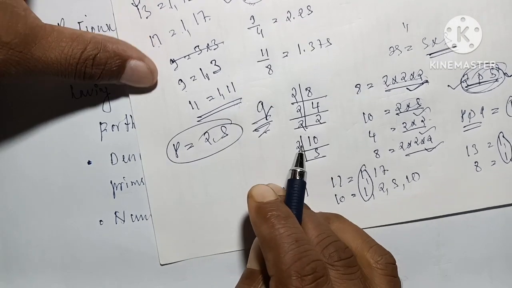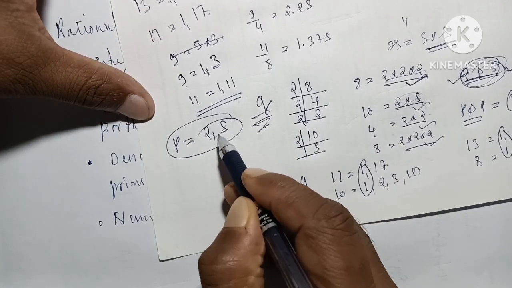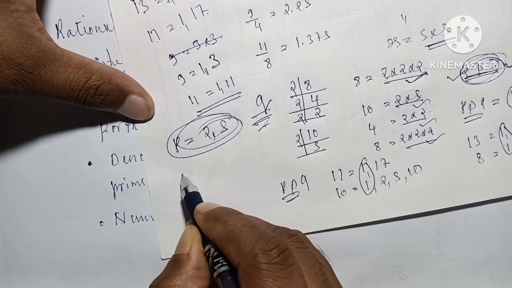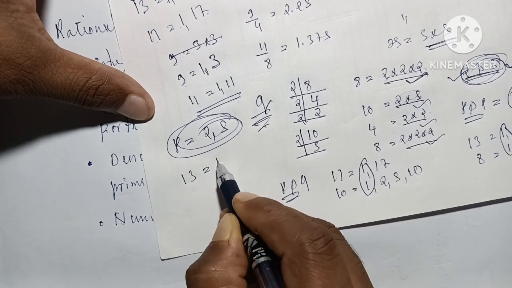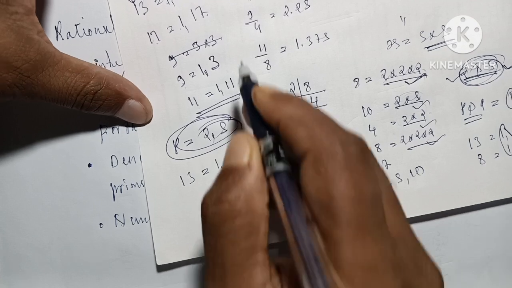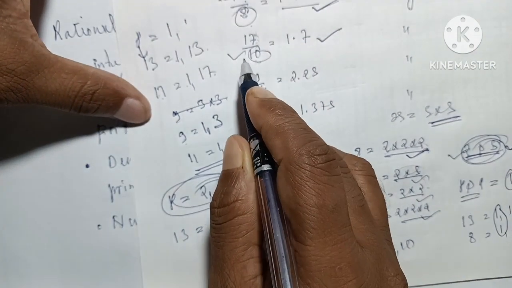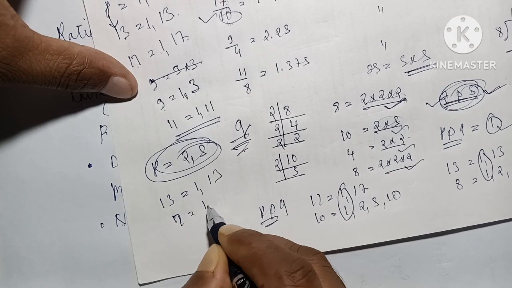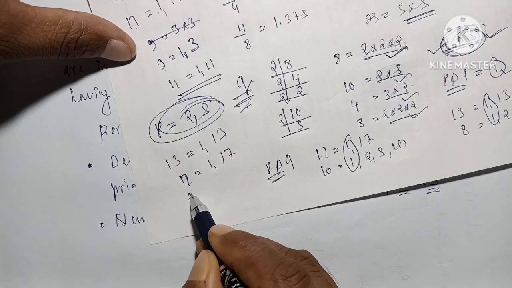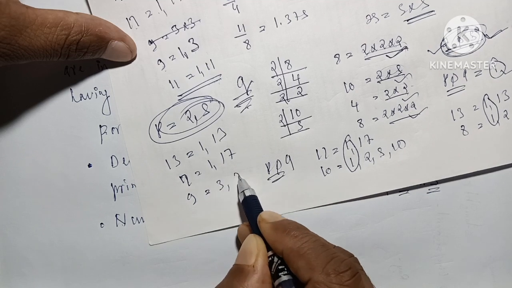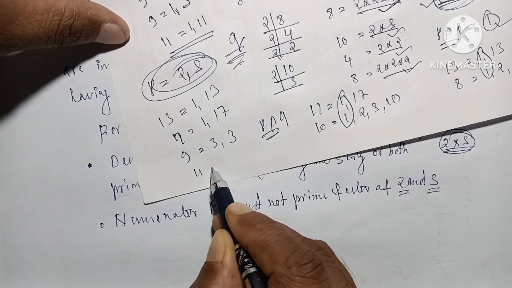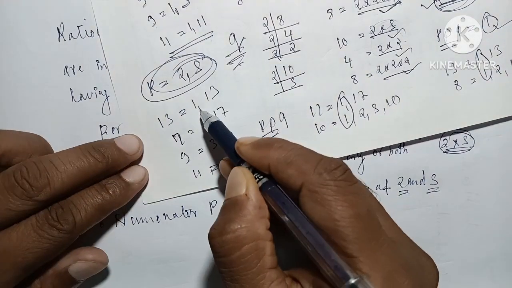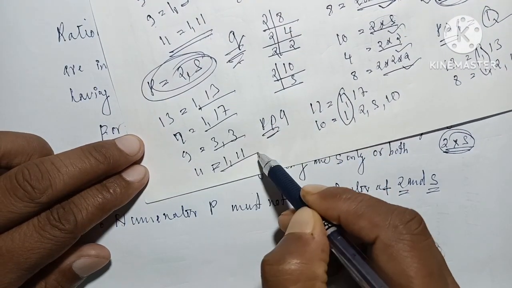P should be other than 2 and 5. 13 has 1 and 13, 17 has 1 and 17, 9 has 3 and 3, and 11 has 1 and 11. In this way their factor should not be 2 and 5.